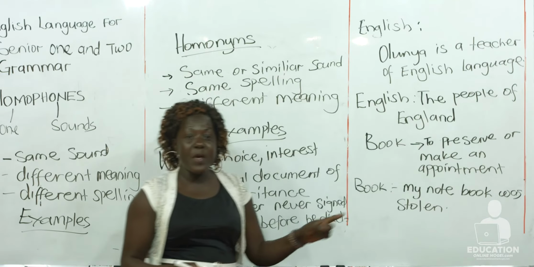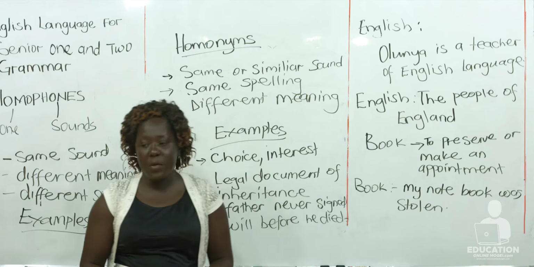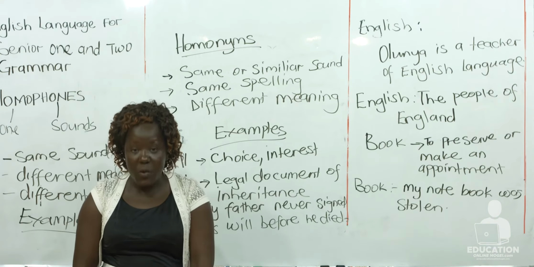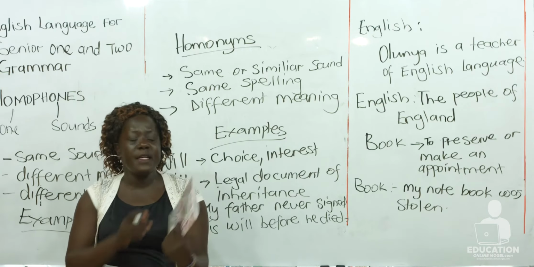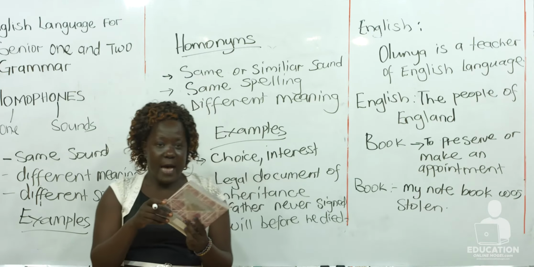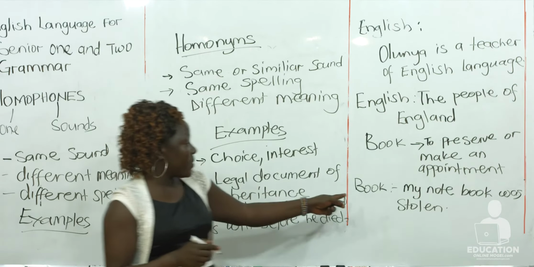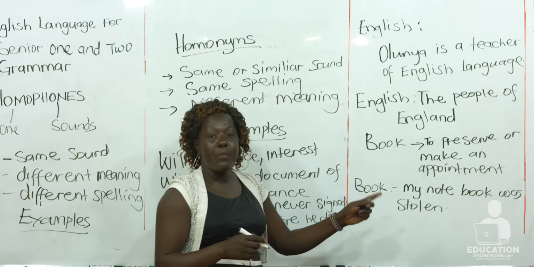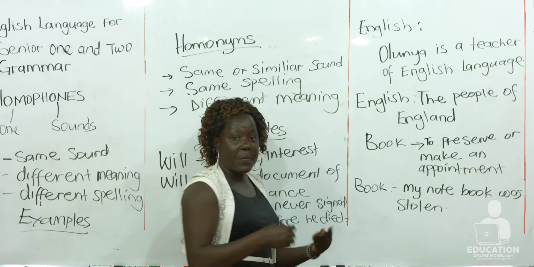It can also be a piece of writing. For instance, when you look at this one, inside this is a story. And in this case, it's a novel. So some people say, when they say, my book is going to be printed, it means a novel, a play.